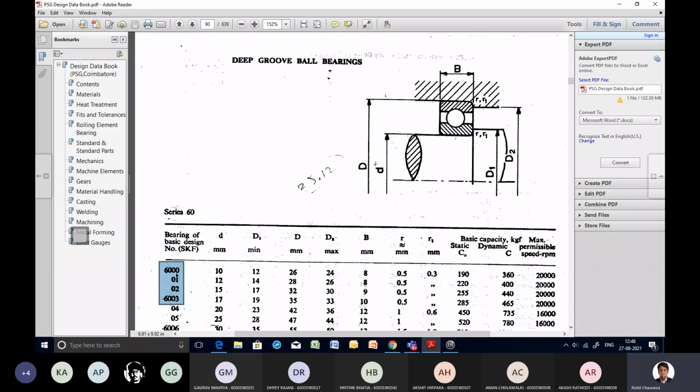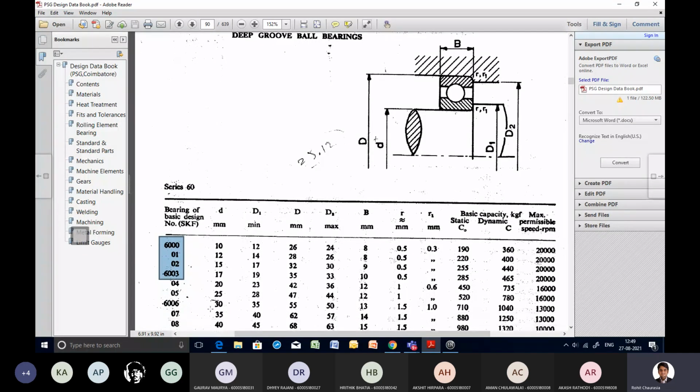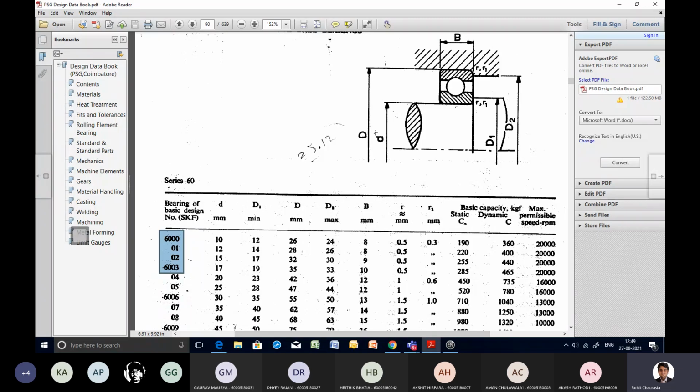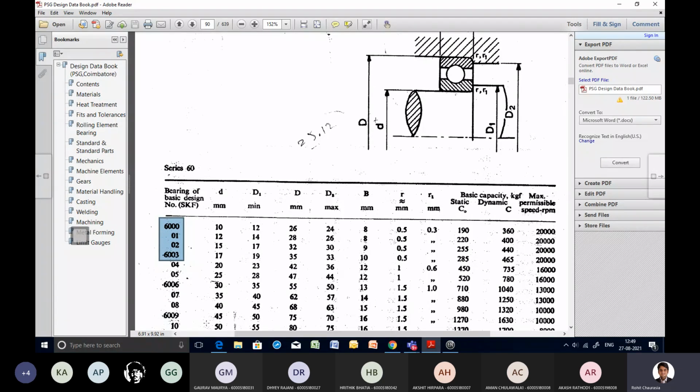So what we have learned regarding the designation is not applicable to these 4. Here we need to refer to this table to find the shaft diameter. After this you can go by multiplication: 04 multiplied by 5 gives 20, 05 gives 25, 06 gives 30, 07 gives 35, 08 gives 40, 45, 50.